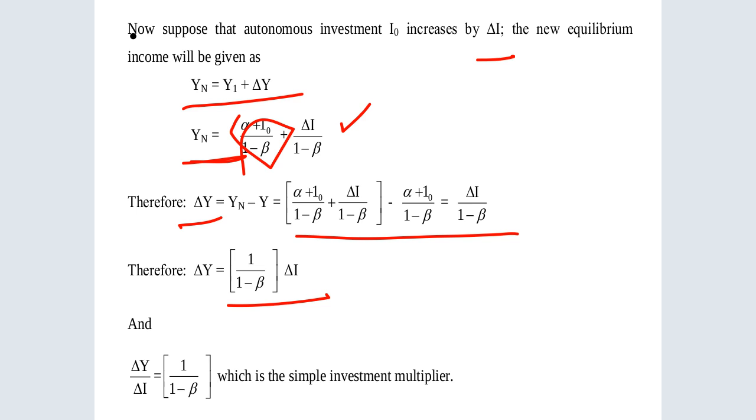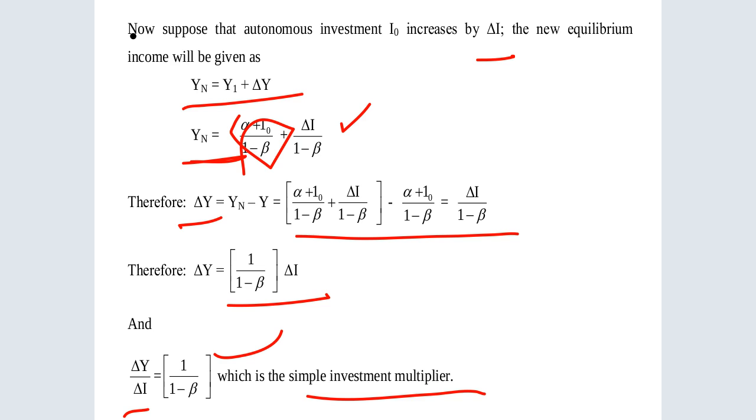So we can get the change in income over the change in investment. We just divide both sides by change in investment. So it will give you this. And this is what we refer to as a simple investment multiplier.